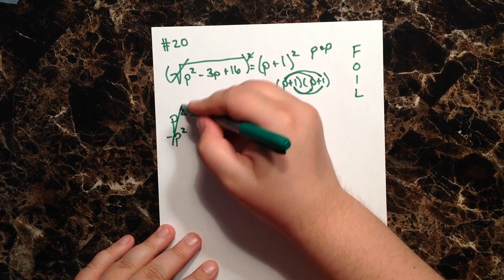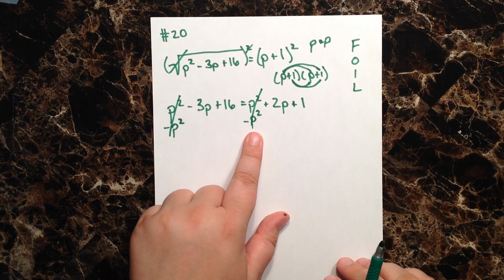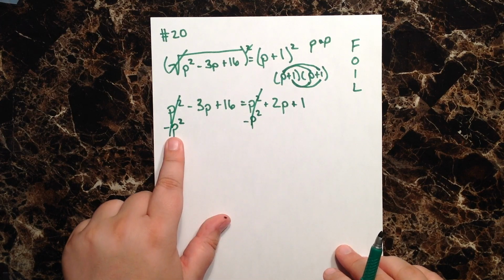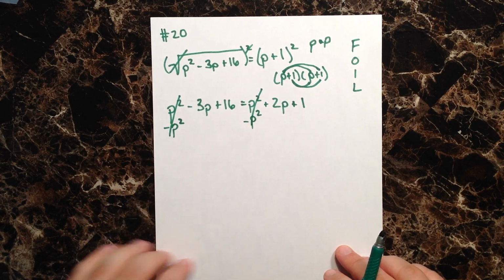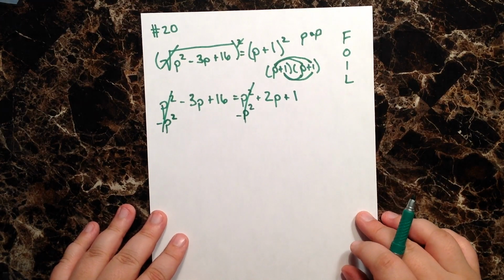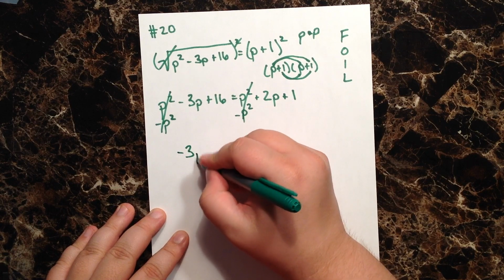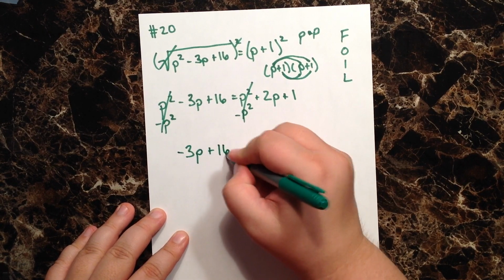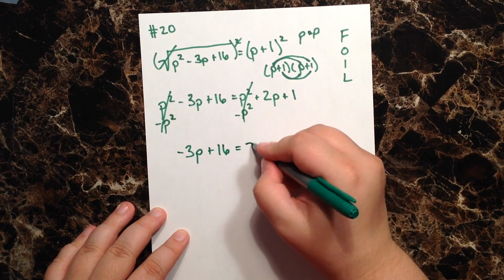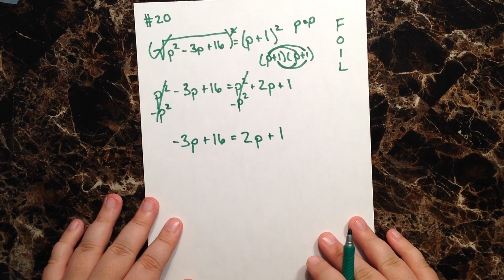And when I do that, our p squareds eliminate. I moved my p squared from the right to the left, but you could just as easily have moved it from left to right. Our result would have been the same. I'm left with negative 3p plus 16 equals 2p plus 1.